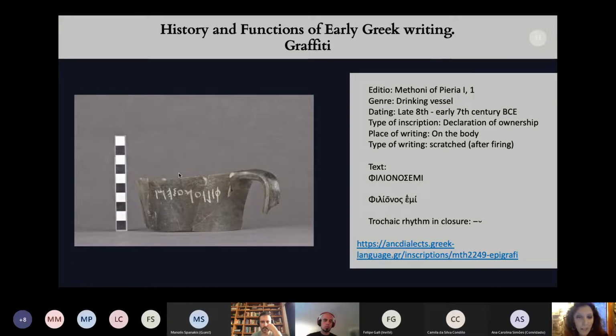It's something not so sure, but it could be something like that, because we are here in Methoni. We have other examples like that, and also in all the Mediterranean we have inscriptions that start with prose and then finish with a meter, a rhythm in a way.